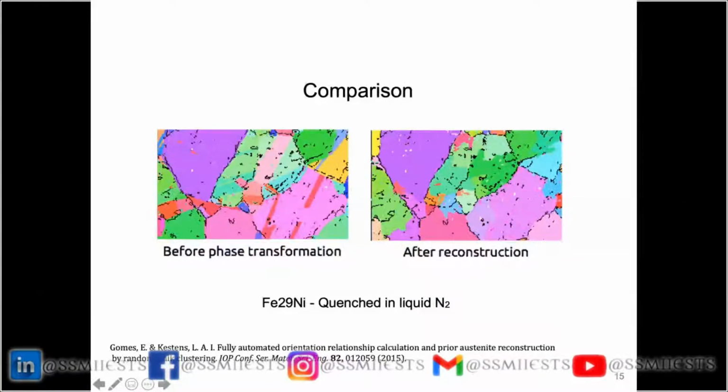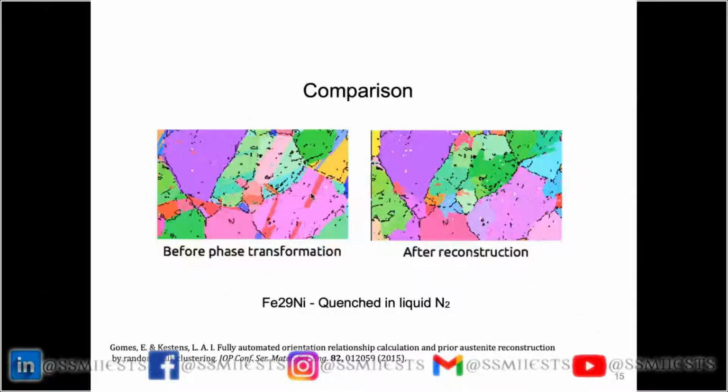You see that thanks to this genetic correlation between product and parent phase, we have quite a good match, with the exception of a number of points, and these are twins. The method that we use does not really allow us to resolve twins. We are working on this now, but this is still an issue we have to address.